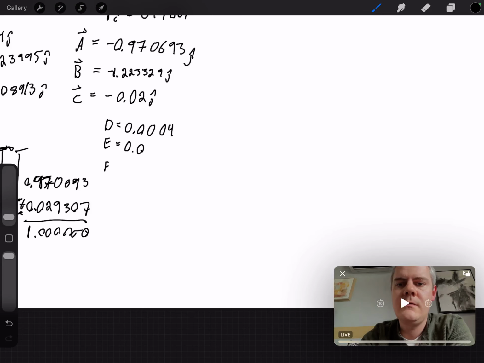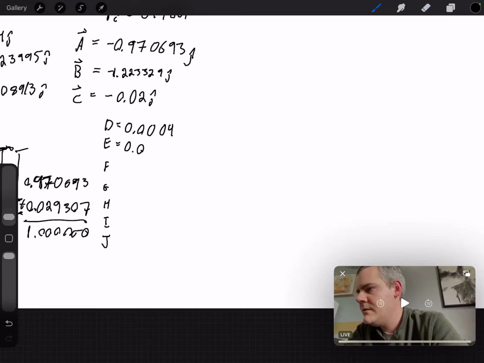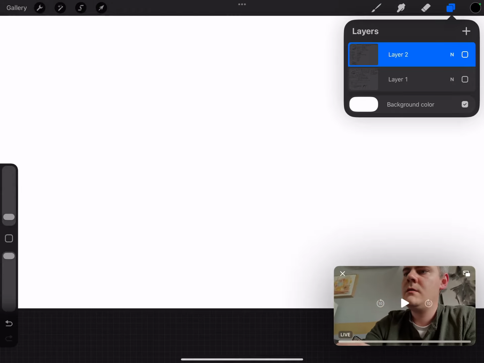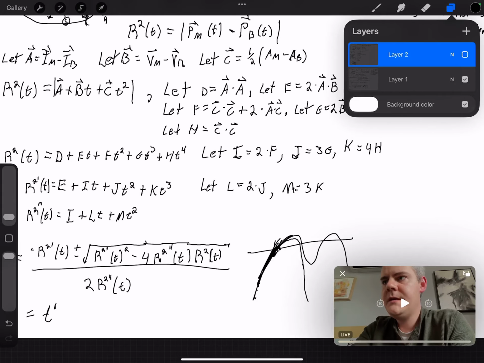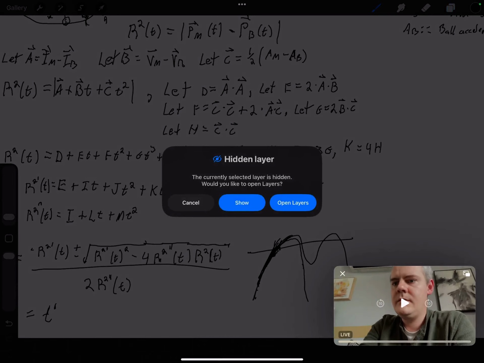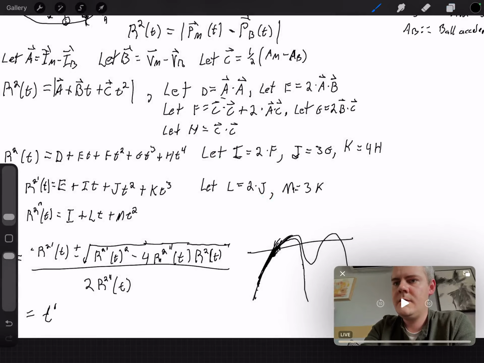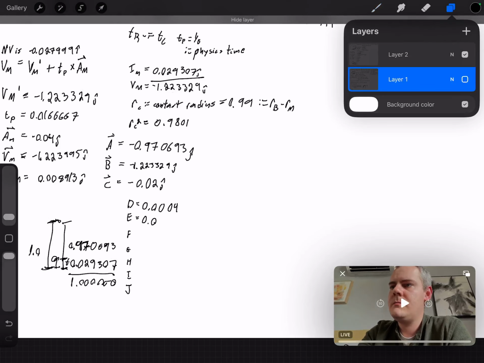E, F, G, H, I. Actually, just so this doesn't get too repetitive, I'm going to do them one at a time. Okay. D here being A dot A. So what did we expect this one to be?